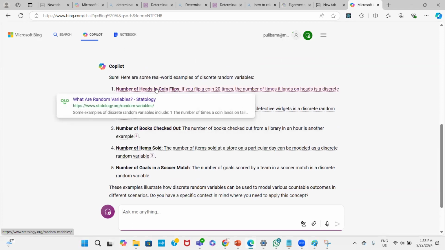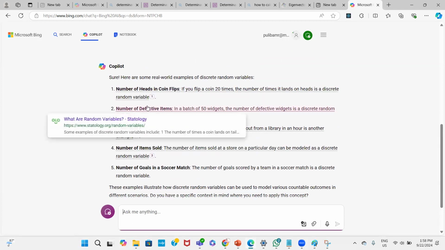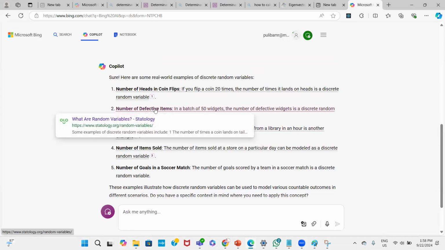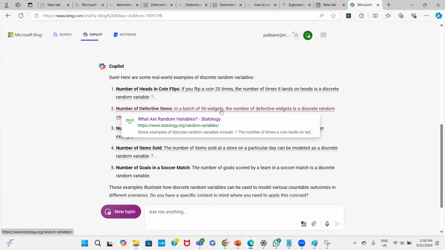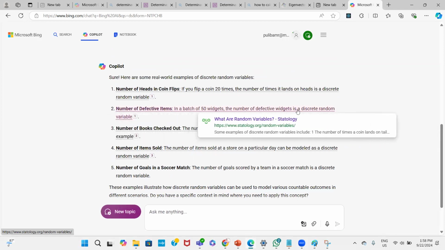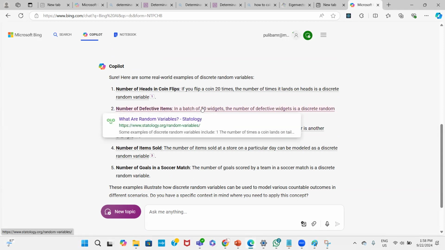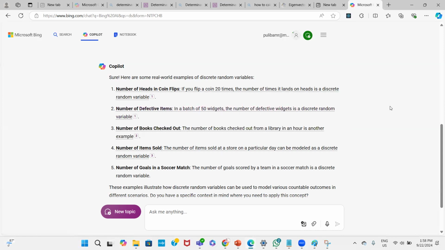In a batch of 50 widgets, the number of defective widgets is a discrete random variable. The possibilities can be just 1 to 50: 1, 2, 3, 4, 5, 6, 7, 8, 9.